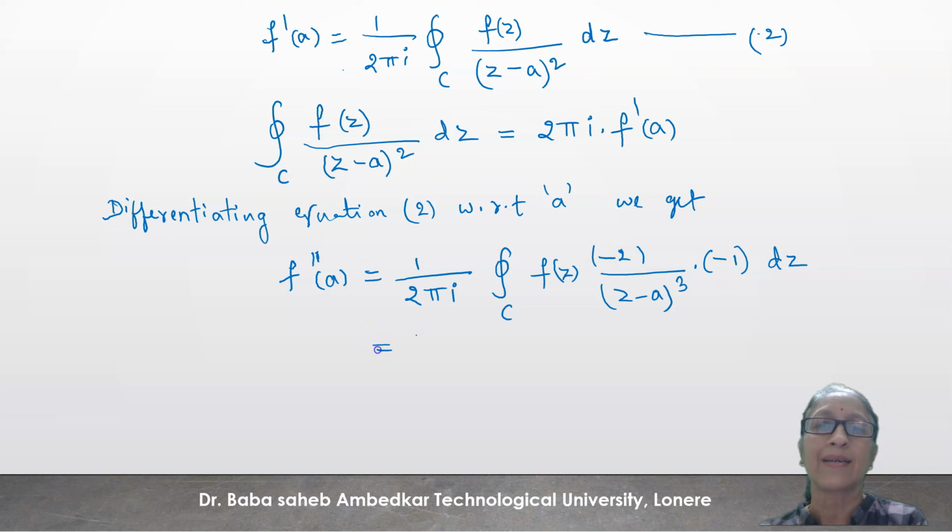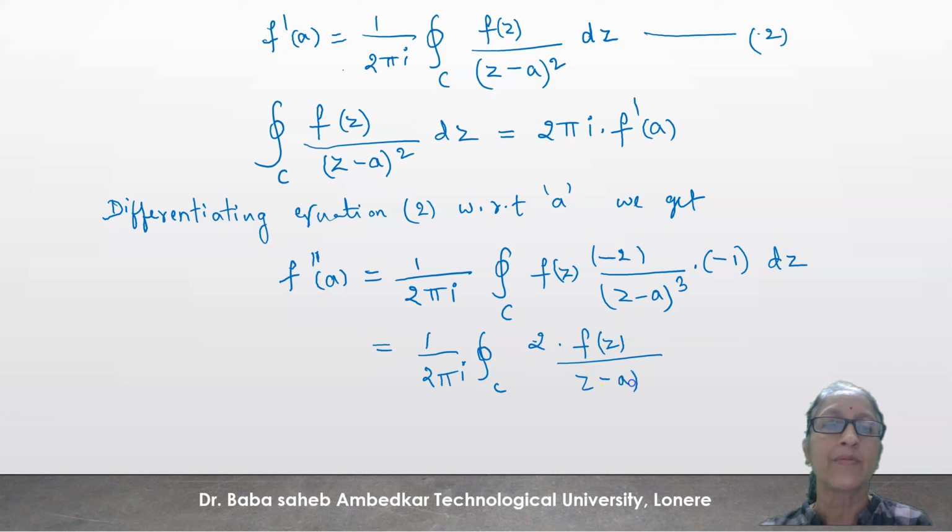That means 1 by 2 pi i contour integration of 2 into f(z) by (z minus a) whole cube dz.